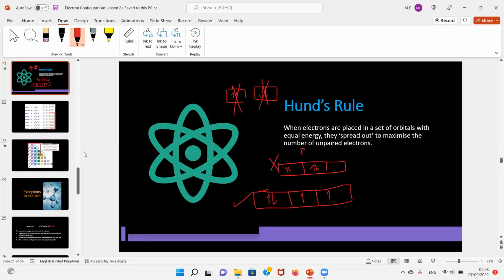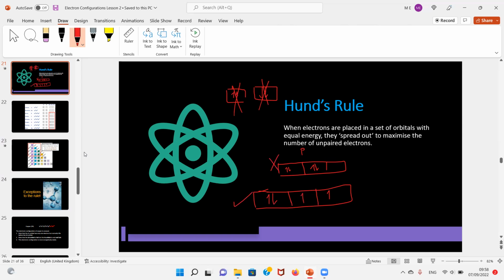So these are the 3 rules that we have to take into consideration when we do the electron configuration. First one is the Aufbau principle, and this says that you have to fill in the electrons starting from the lowest energy level going up to the higher energy levels.